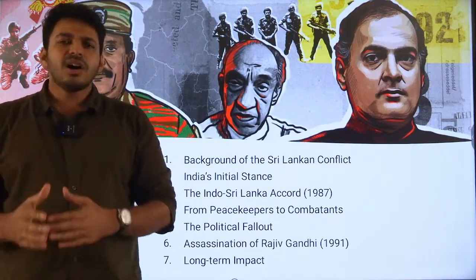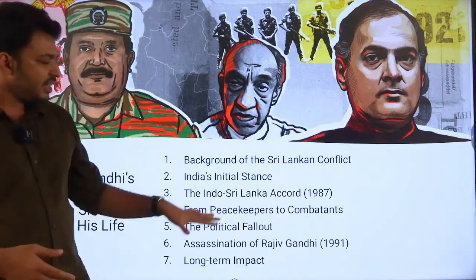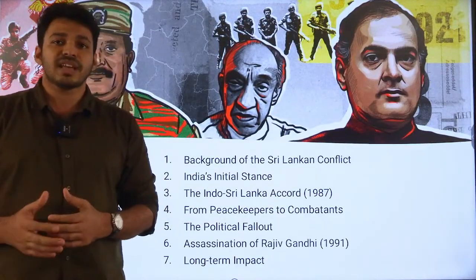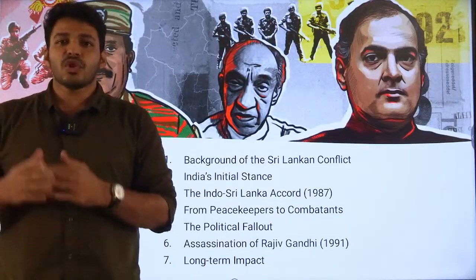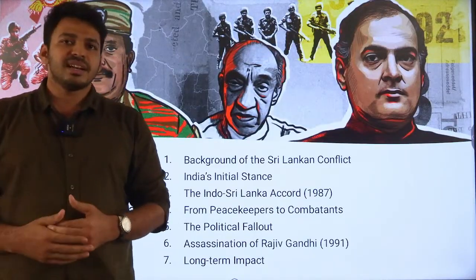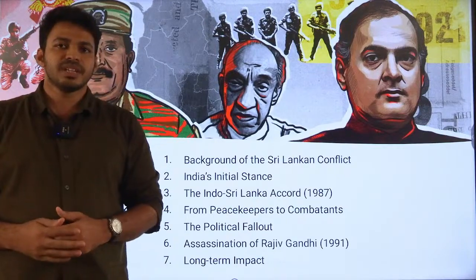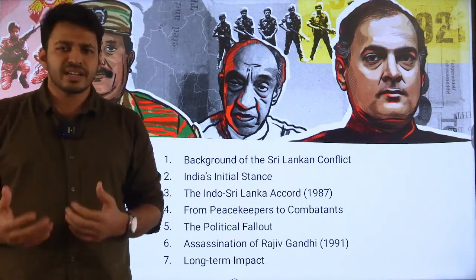In the light of that agreement, India sent peacekeeping forces (IPKF) to Sri Lanka to combat rebels like PLOT and LTTE. There were a lot of other groups also active at that time.